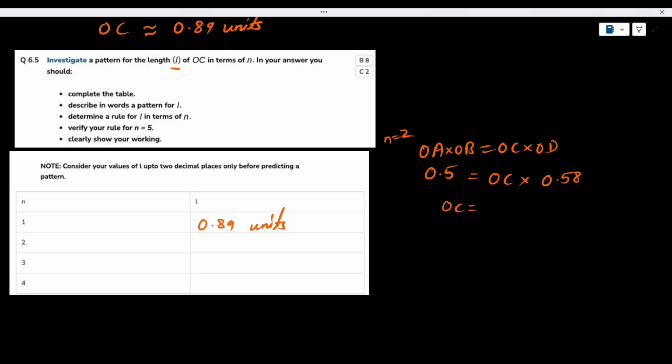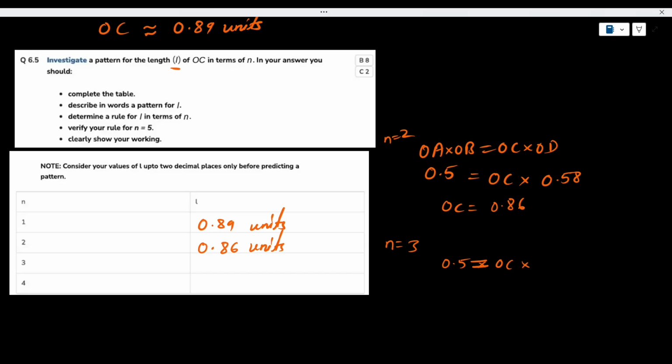So this is when n is 2, right? So we will see what pattern we are getting here. If I do it here, it's coming as 0.86 units till two decimal places. When n is equal to 3, again OC you got as 0.86 units. Now again here 0.5 is fixed.